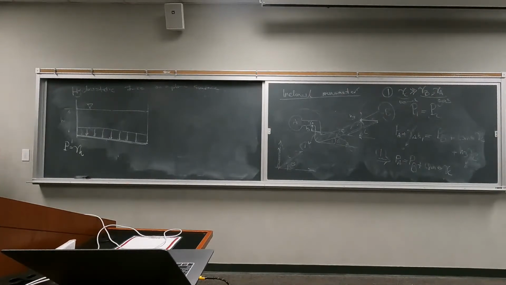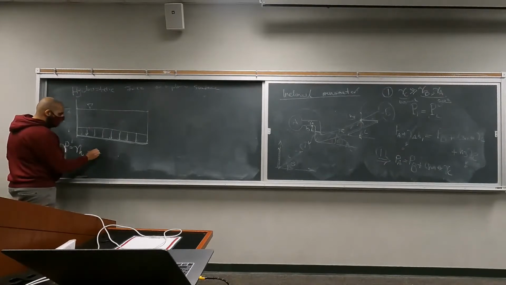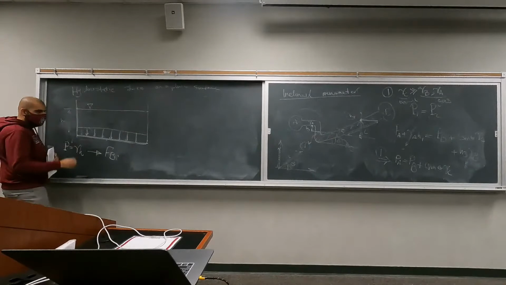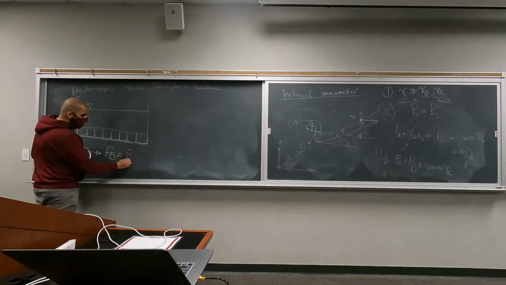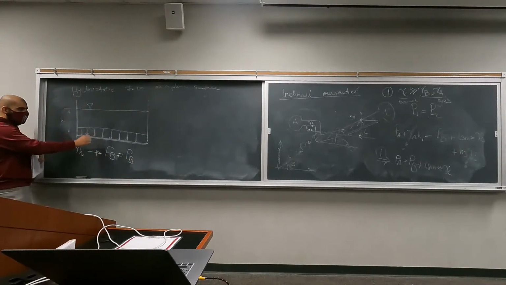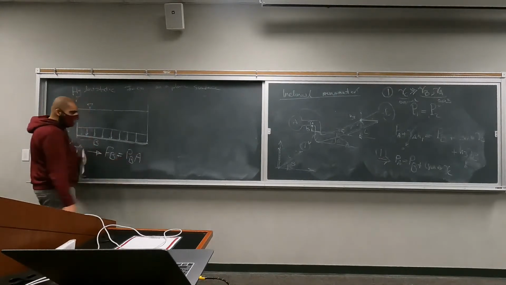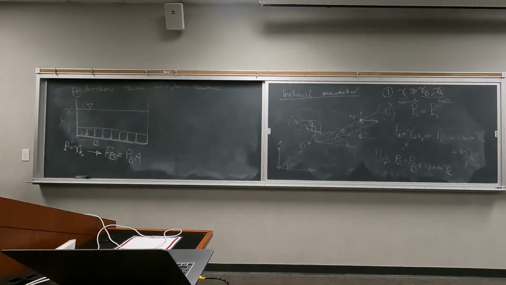Pressure is force per unit area. So to find the force resulting from a hydrostatic pressure, we only have to multiply it by area. So F at the bottom, F_B, is going to be P at the bottom, P_B, that's being exerted at the bottom, multiplied by the area. And this area is the surface area.